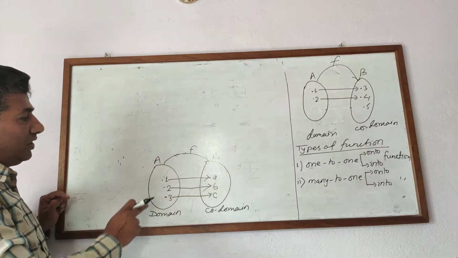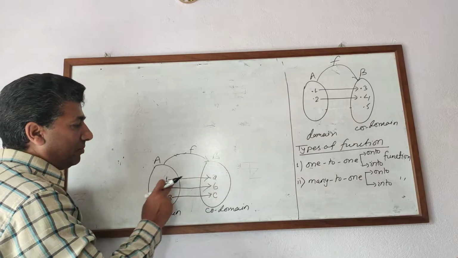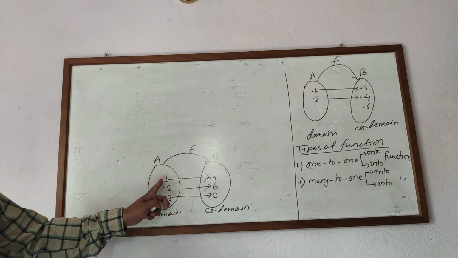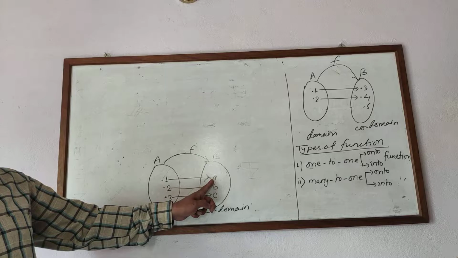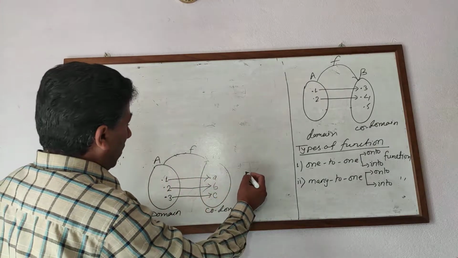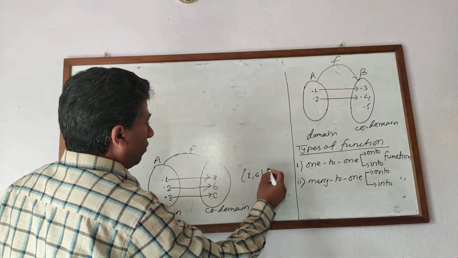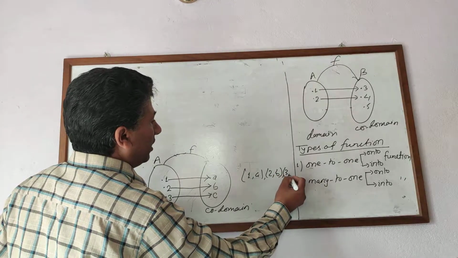Now this one has image of 1 is A, image of 2 is B, image of 3 is C. It means for one domain there is one image. We can write like this also: 1A, 2B, 3C.